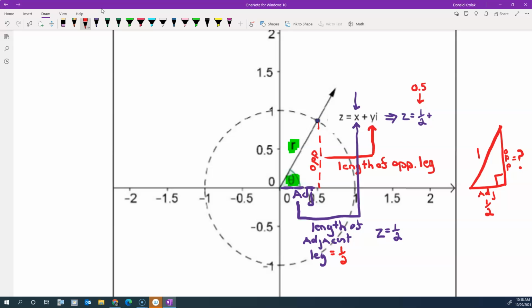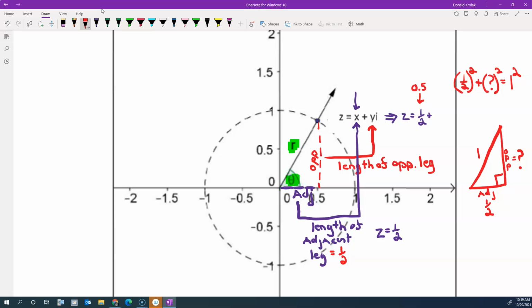You know, two sides of a right triangle. Well, 1 is the hypotenuse, so you're going to have 1/2 squared. So if we did the Pythagorean theorem to this, I'd have 1/2 squared plus this opposite leg squared equals the hypotenuse squared.